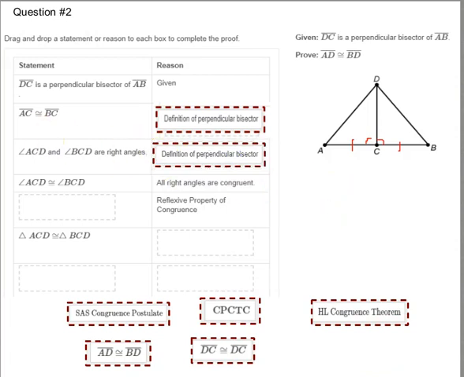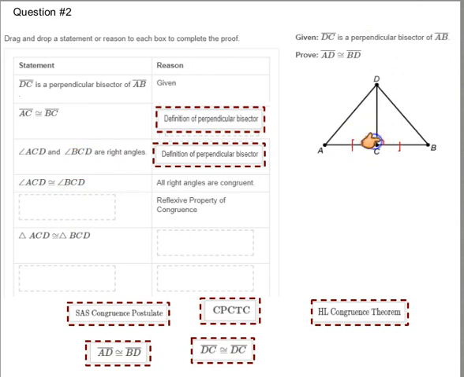And then the next one they did for us, angle ACD is congruent to angle BCD because all right angles are congruent. They're just saying that this angle is congruent to this angle. And why did they do that? Well, because it's not enough for them to be 90 degrees.